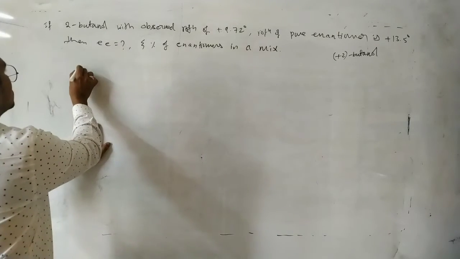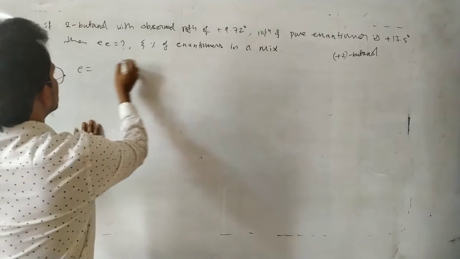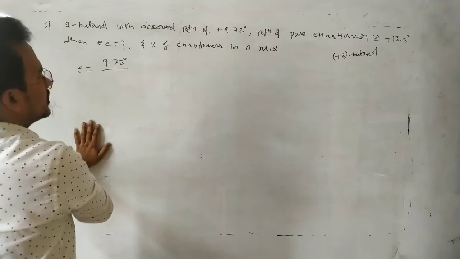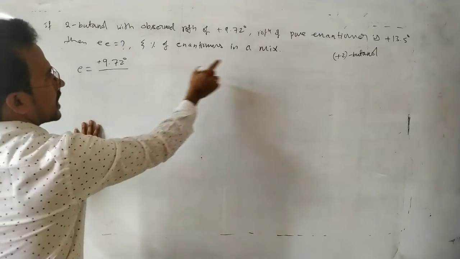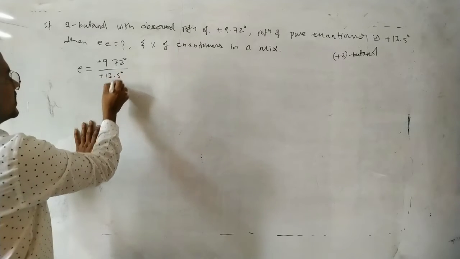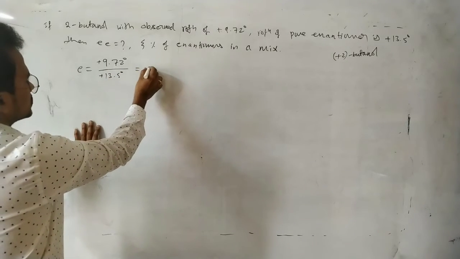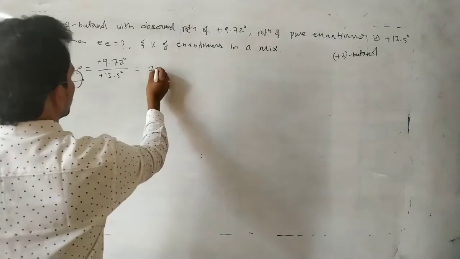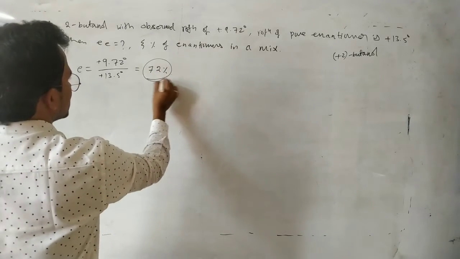Now enantiomeric excess equals observed rotation, 9.72 degrees, divided by the rotation of the pure enantiomer, plus 13.5 degrees. That equals 72%. So it is 72% enantiomeric excess.